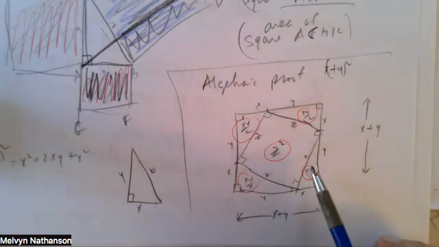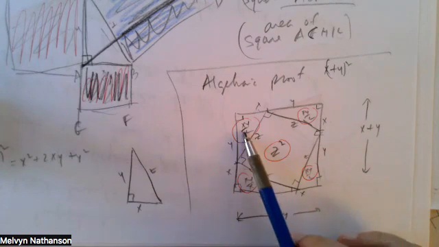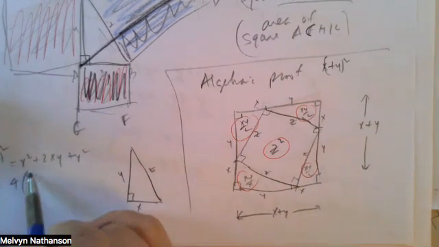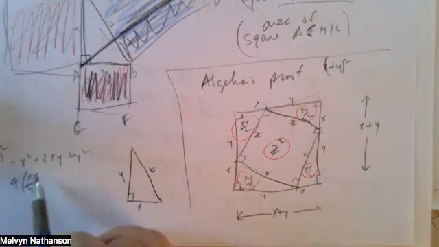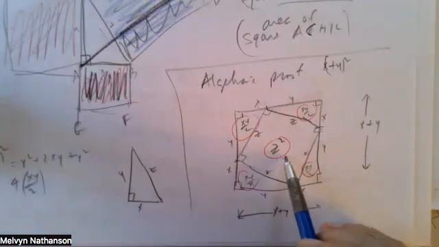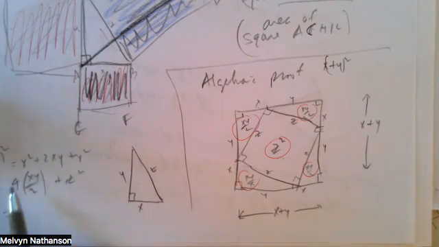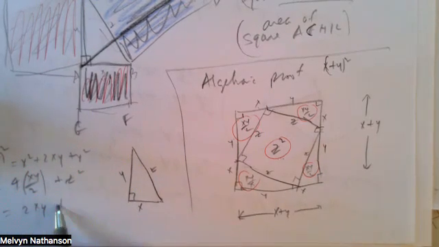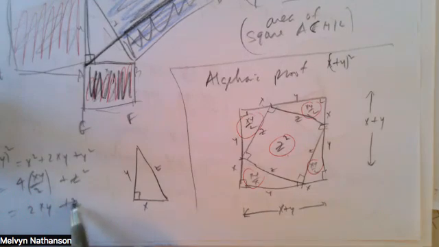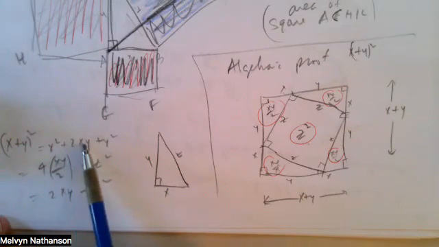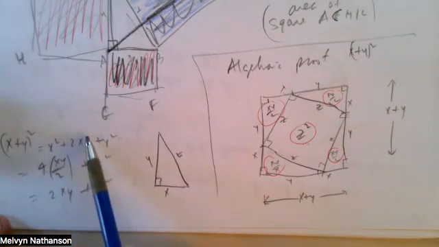This big area is divided up into 4 triangles. I have 4 triangles, each of area XY over 2, plus the area of the square in the center, Z squared. 4 over 2, this is 2XY plus Z squared. So X squared plus 2XY plus Y squared equals 2XY plus Z squared.